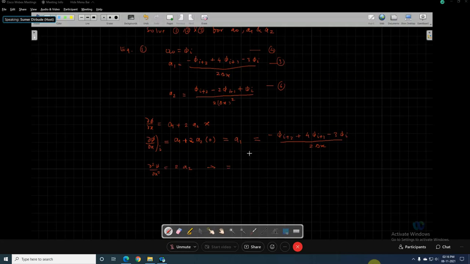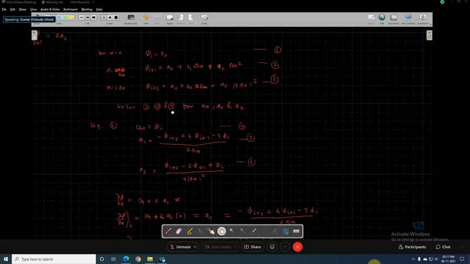So you can write phi I plus 2 minus twice phi I plus 1 plus phi I divided by delta x square. So this is the way you have to get the derivatives from the polynomial.